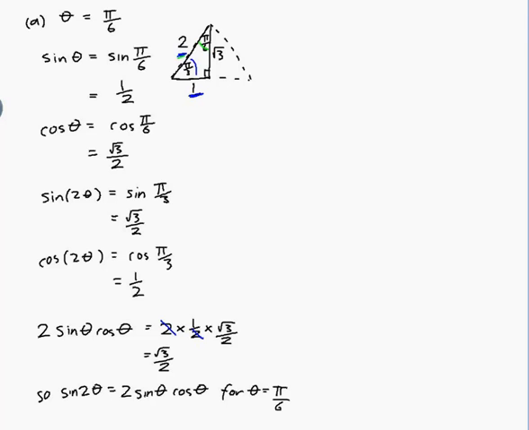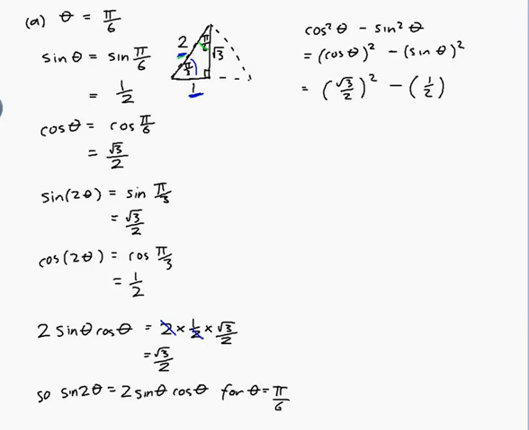Let's do the other one. Cos 2 theta is supposed to be cos squared theta minus sine squared theta. Well, cos squared theta is actually cos theta squared. So that's cos theta squared minus sine theta squared. So cos theta is root 3 on 2. So we have root 3 on 2 squared minus sine theta, which was a half, squared.